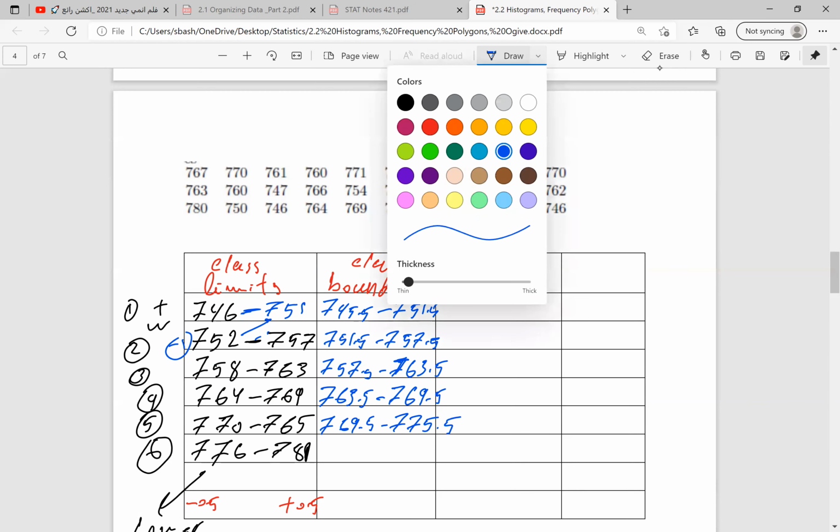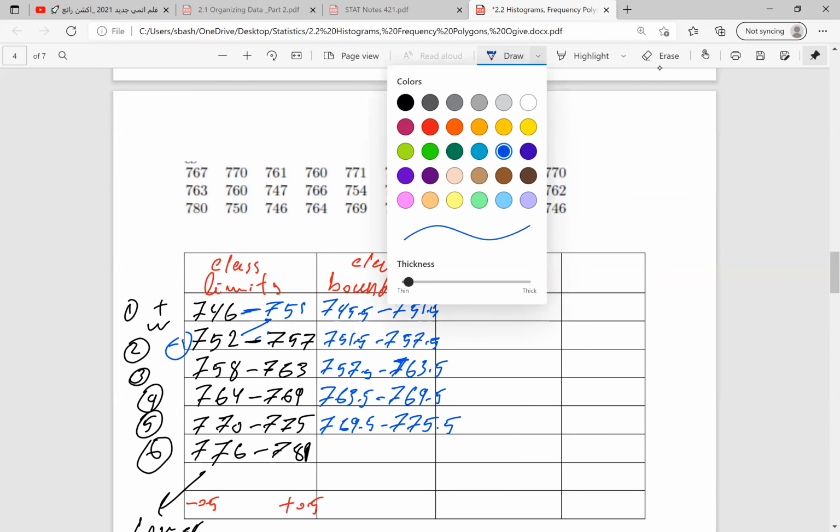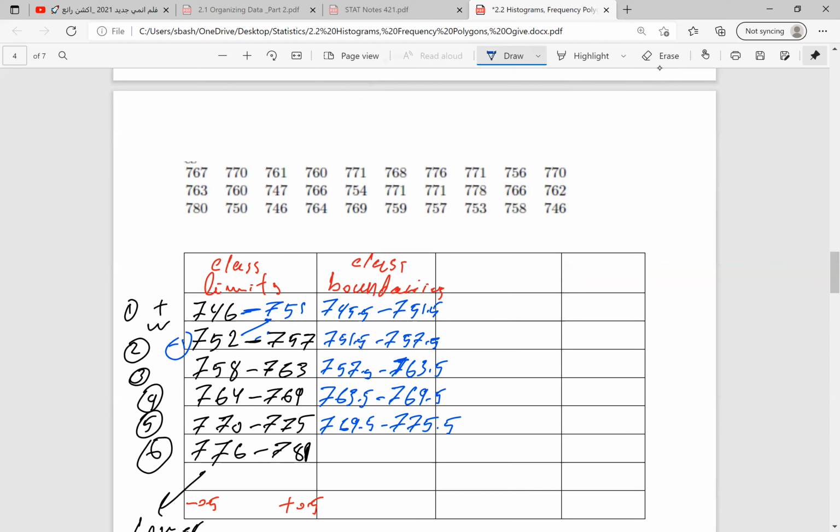There's a mistake in this class. It should be 776. And the last one will be 775.5 to 781.5. So these are the class boundaries.